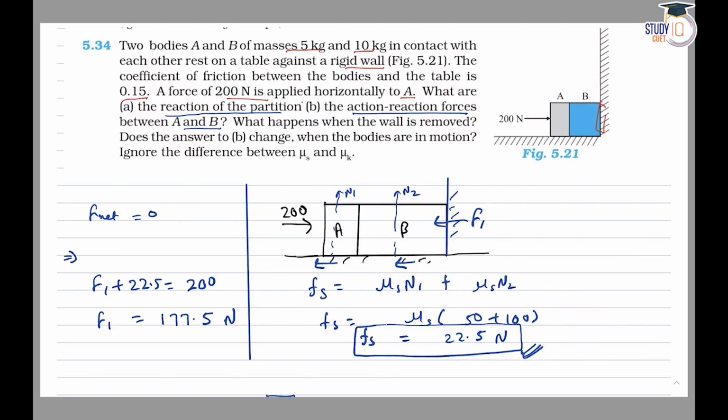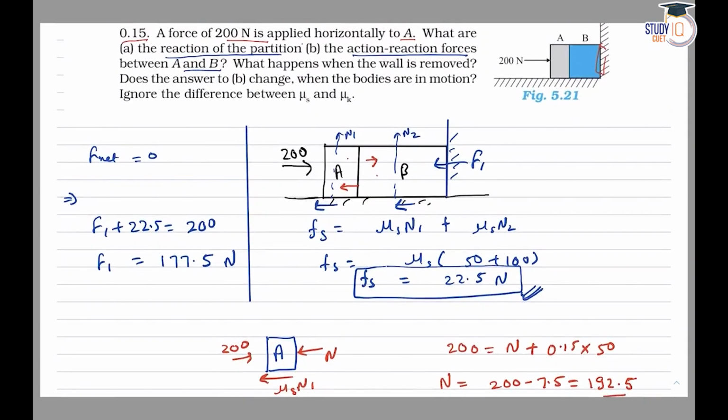On solving this, the normal between A and B can be written as 200 minus 7.5, so this comes out to be 192.5. The force exerted by B on A is to the left and equal to 192.5. By the action-reaction pair, the force exerted by A on B is toward the right, and its magnitude is also 192.5.